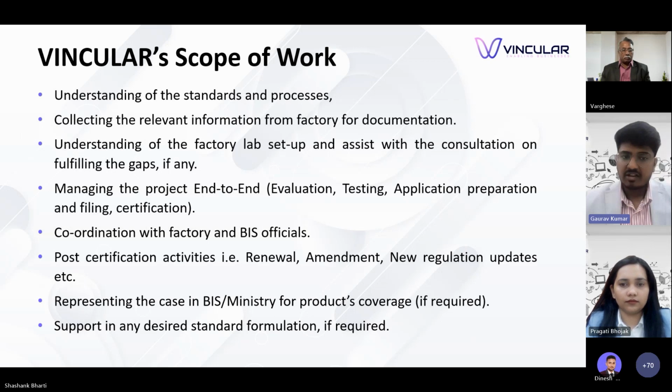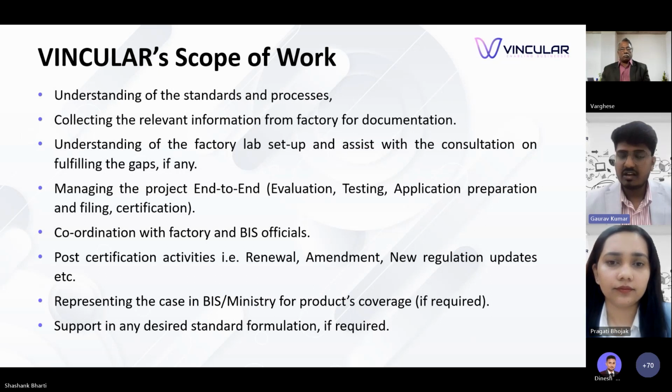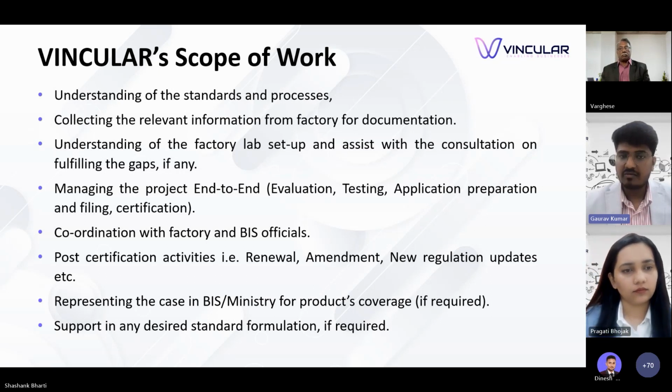Thereafter, post-certification activities, like if any renewal is approaching, if any amendment is required, if any new regulation may impact your existing certification or licenses, everything you can expect to be communicated from our side through our dedicated newsrooms or social media platforms, whatever is activated.